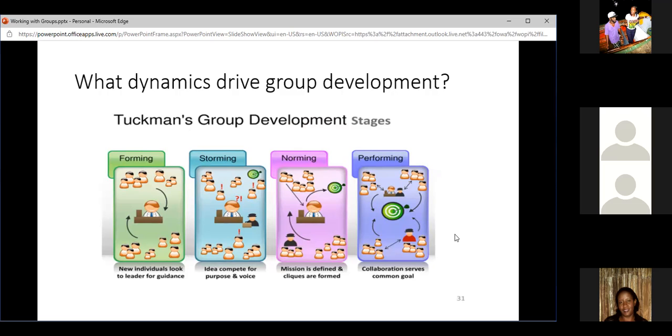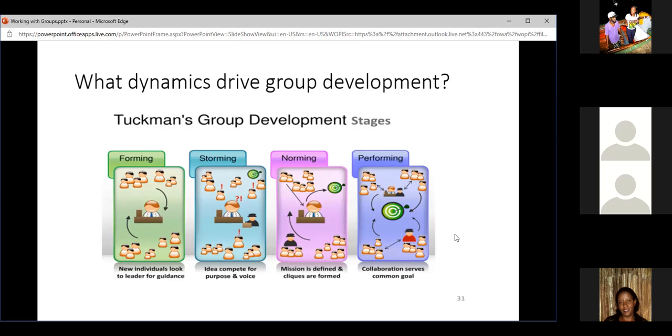It is the ever-changing dynamics that determine whether a group goes from point A to point B, whether it survives, whether it grows, whether it gets dismantled. It is the dynamics within that grouping and how these dynamics are managed that determines how that group moves from one stage to the next.